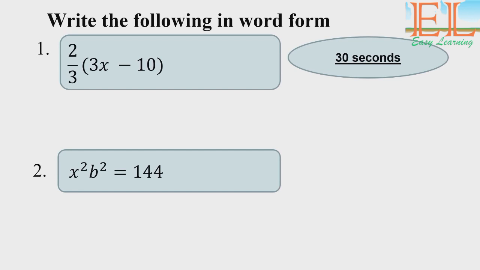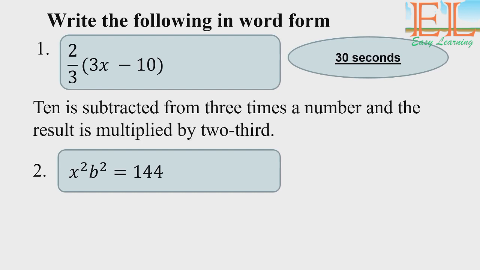Now, let's compare solutions. For the first one, there are several ways you can read it. This is just one of the ways. So you can add it to the several ways that you were able to read it.